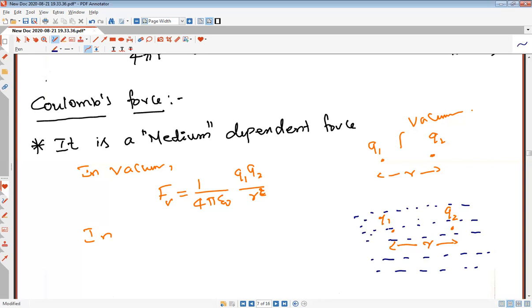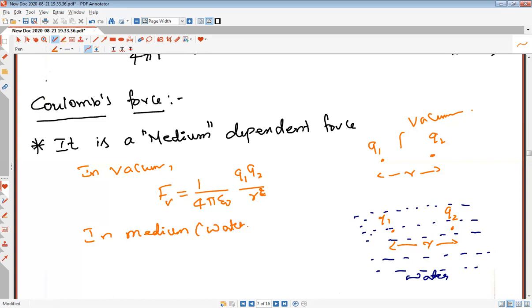The charges were placed in vacuum, now the same charges are placed in water. There is a change in medium. When the medium changes, the force between the two charges also changes.